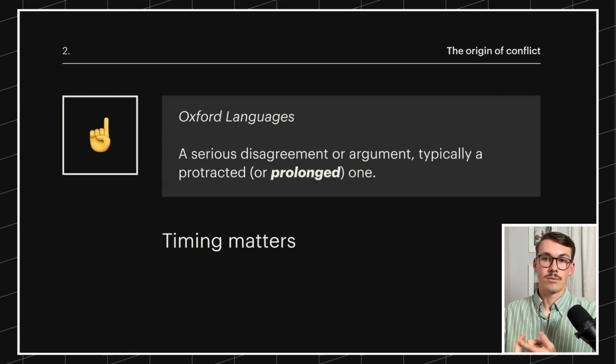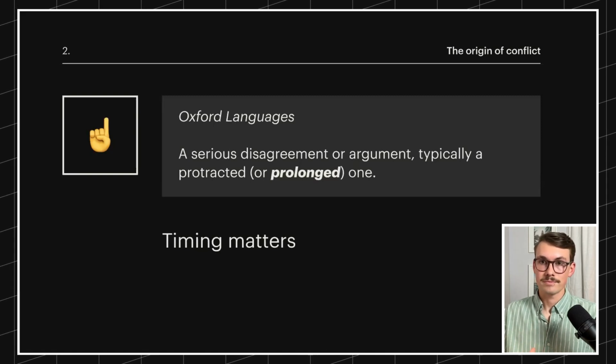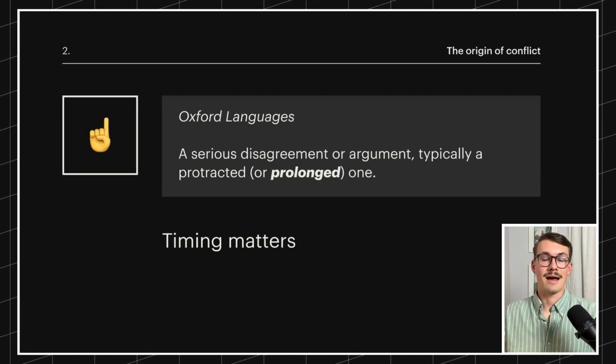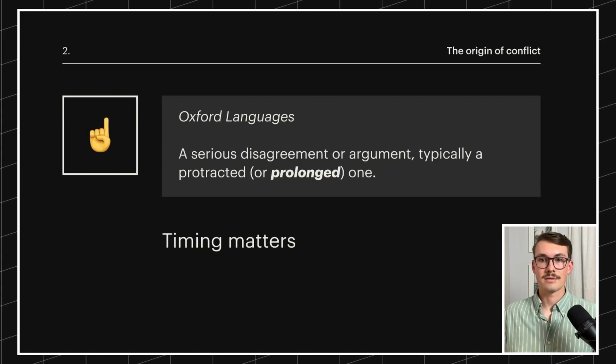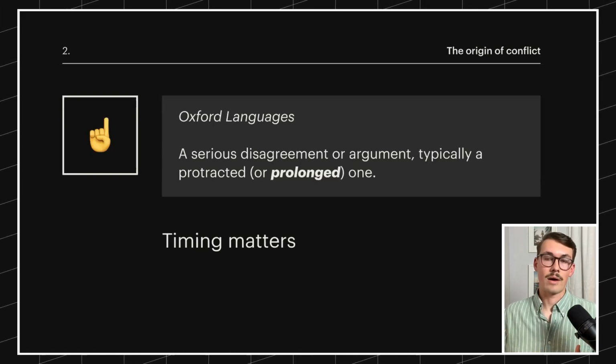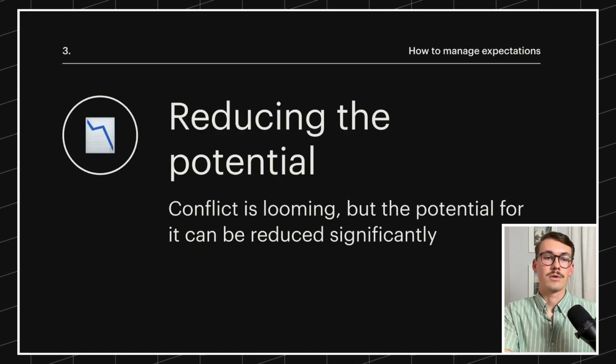So really, when we're looking at conflict, it's coming in the form of an issue, and then also the time taken to address that issue. So that's what conflict is. And this is kind of where it comes from. Let's look at the third piece here. How do we reduce the possibility of conflict?